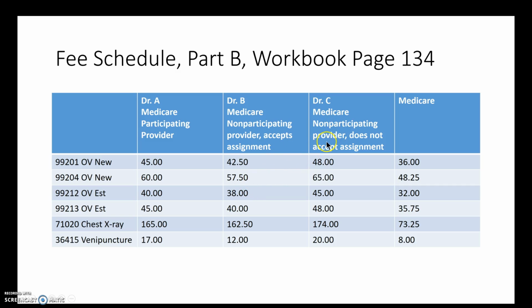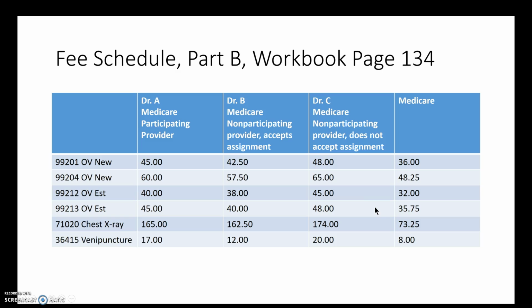Dr. C is a non-participating Medicare provider and does not accept assignment, which means that the payment is going to go directly to the patient, and the patient has to pay the provider. Now for Doctors B and C, if you're not a Medicare patient, these are their standard fees. Medicare, for the procedures that we're working with in this assignment, this will be Medicare's standard fees.